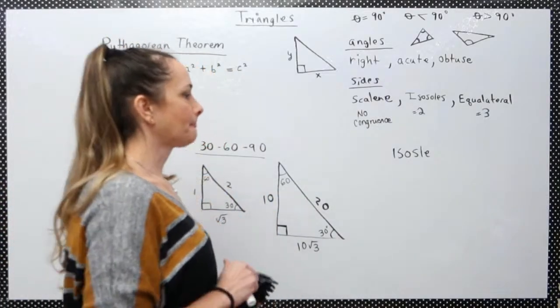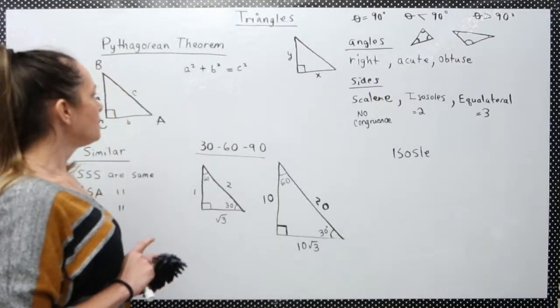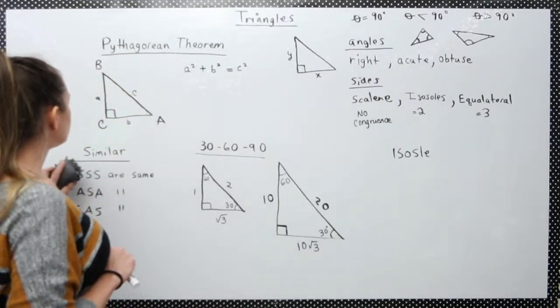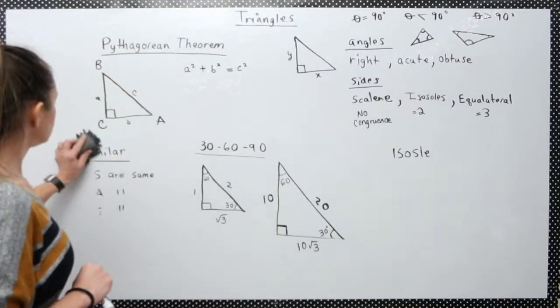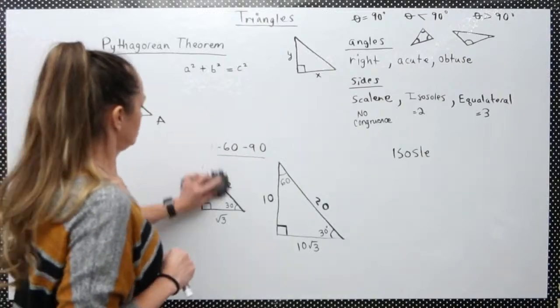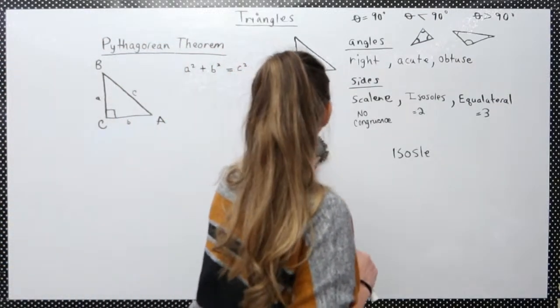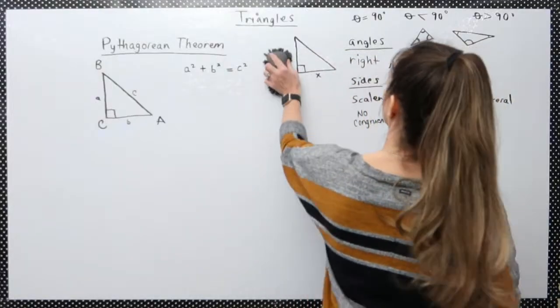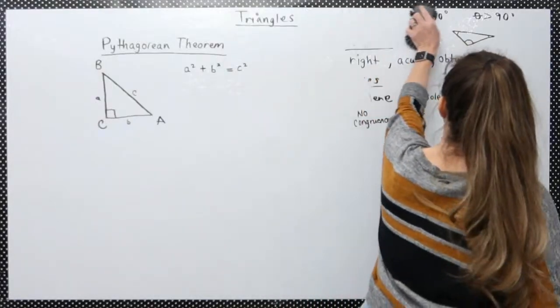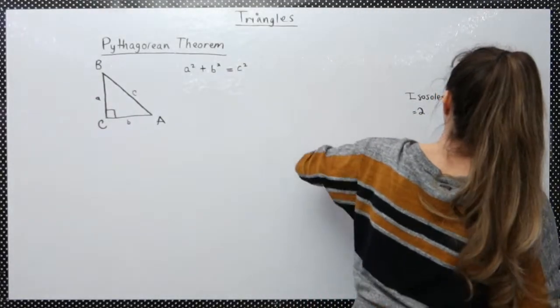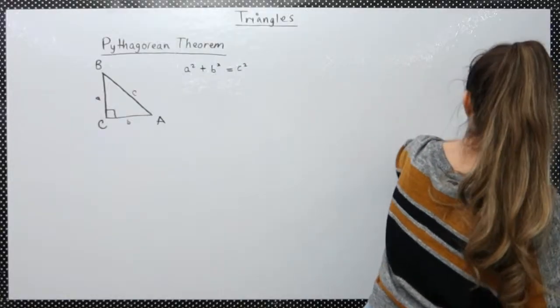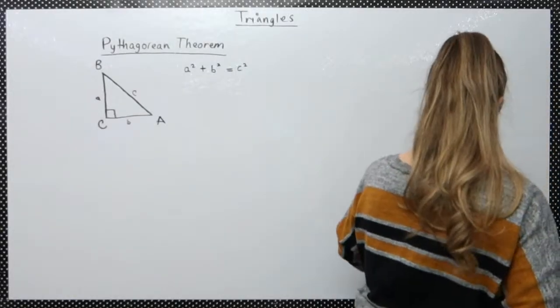Okay, so I am going to go ahead and actually erase most of this, and we'll leave out the Pythagorean for now. And let me go ahead and erase all this. I also relearned how to spell isosceles. I messed it up yesterday.